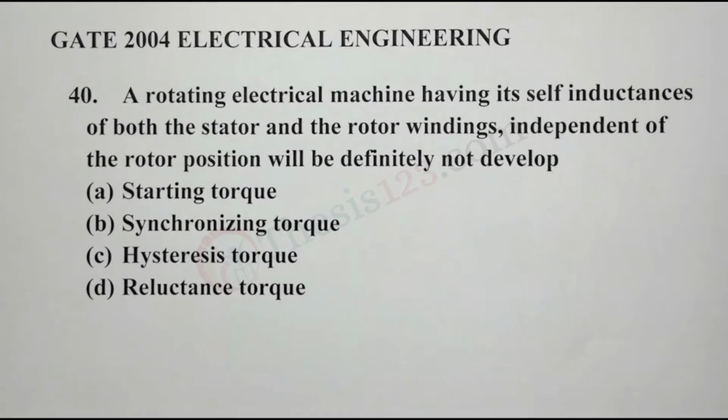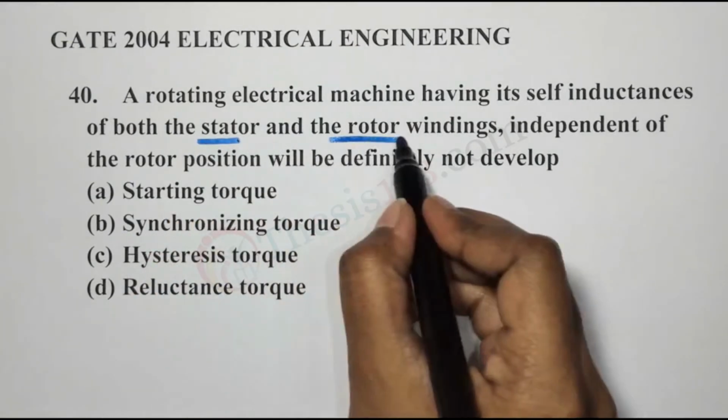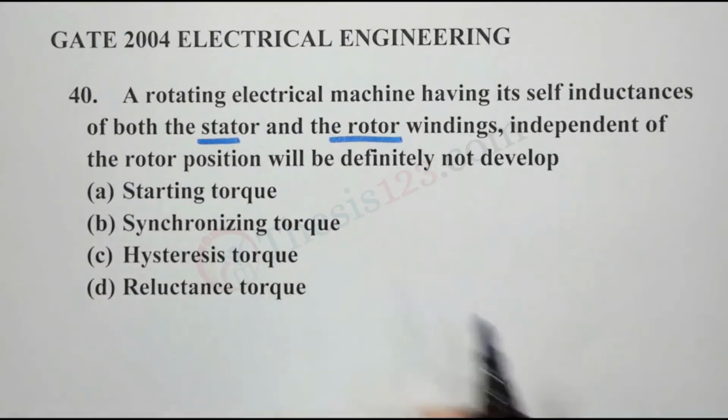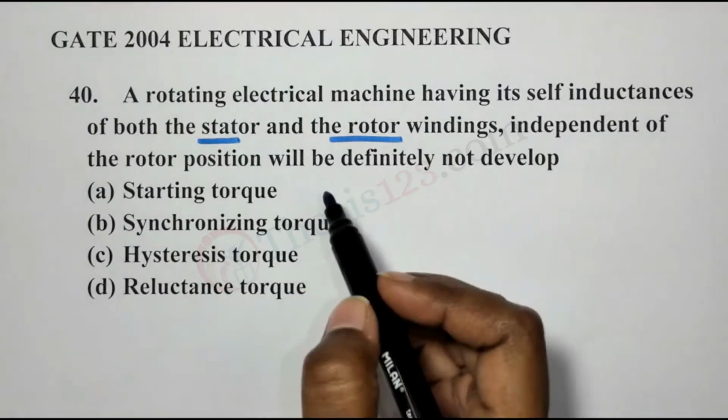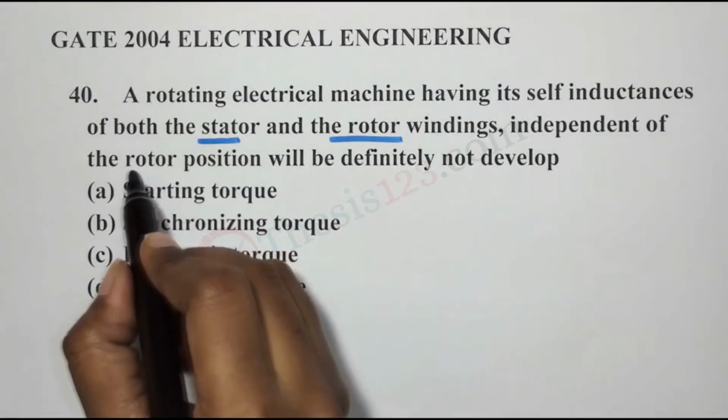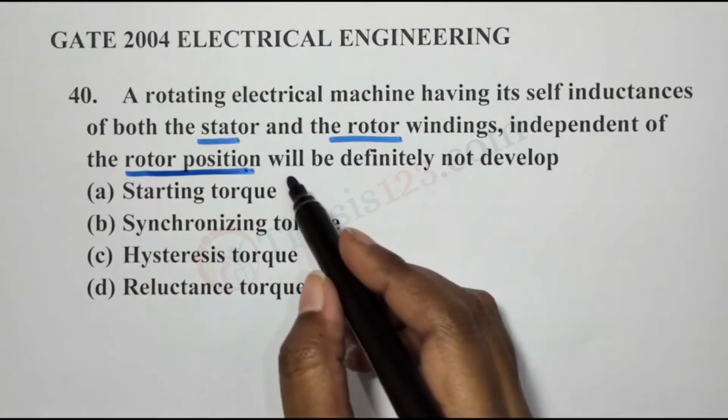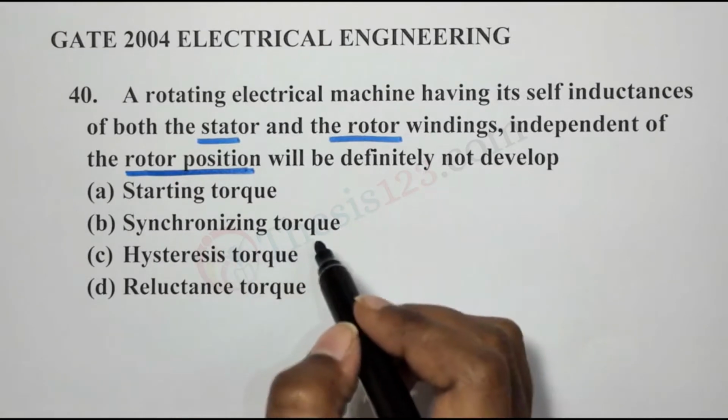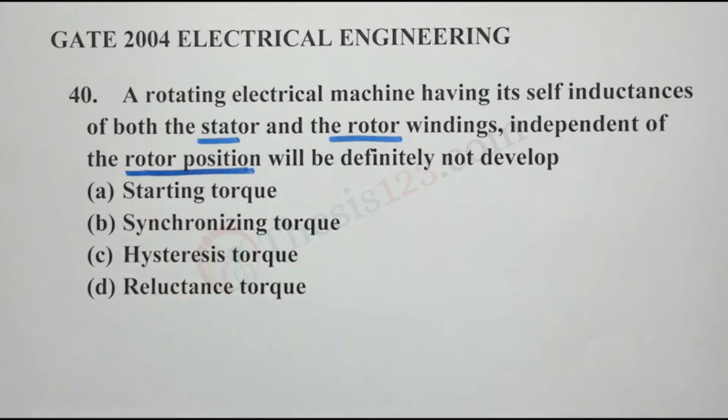Now, it is given that both the stator and the rotor self-inductances are independent of the rotor position. With synchronizing torque, we tend to synchronize the relative rotor position, because it is dependent on rotor position. Amongst everything, synchronizing torque depends on rotor position.